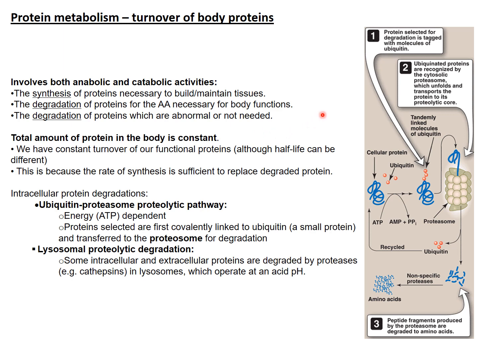But we need to recycle molecules, proteins. Proteins can be degraded intracellularly or extracellularly, can be damaged, can be modified, and the cell needs to determine which protein needs to be eliminated. So there are two pathways.